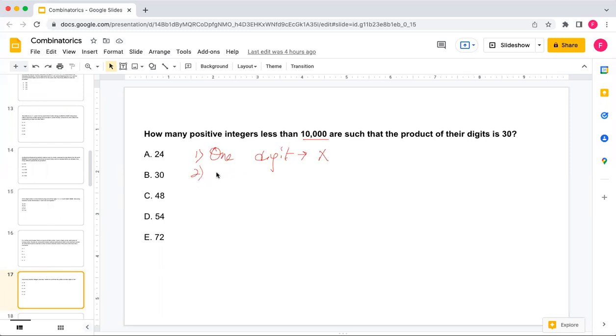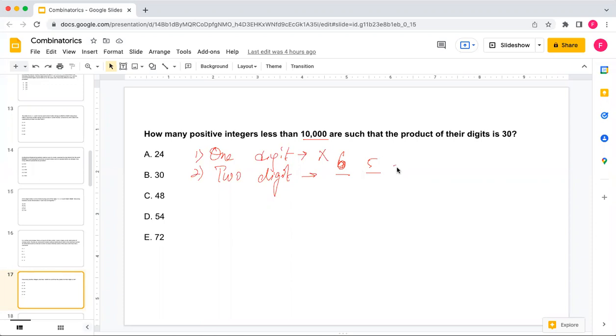Now see the 2-digit case. How many 2-digit numbers are there such that the product of the digits is 30? That could be 6 and 5. 6 into 5 is 30. If you take the product of these 2 digits, the result is 30.